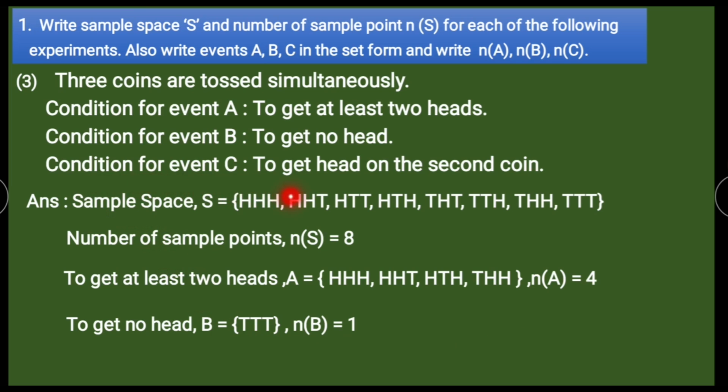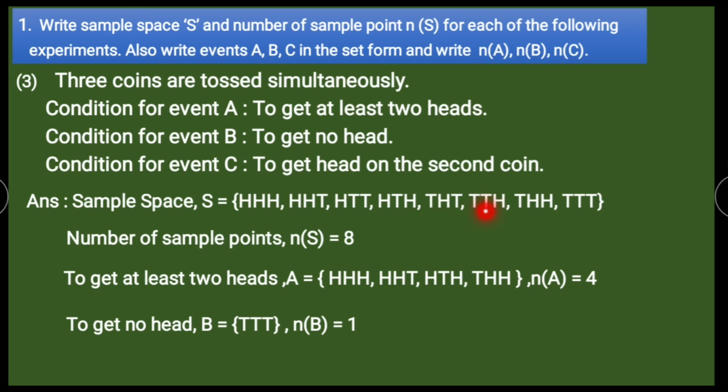Then the last event C is to get head on the second coin. That means we find only head on the second coin; on the first maybe head, on the third maybe head, maybe tail. So see here, this first point we select; here on second position there is tail, so we do not select this element. Here head is at second position, so we select this.